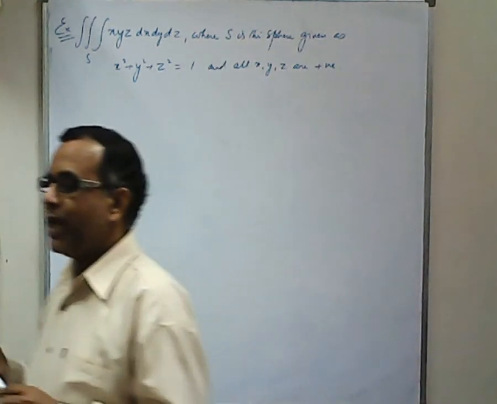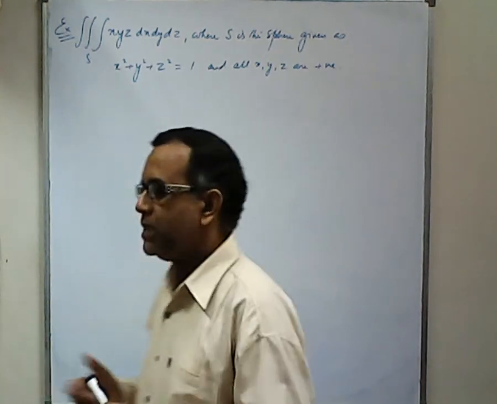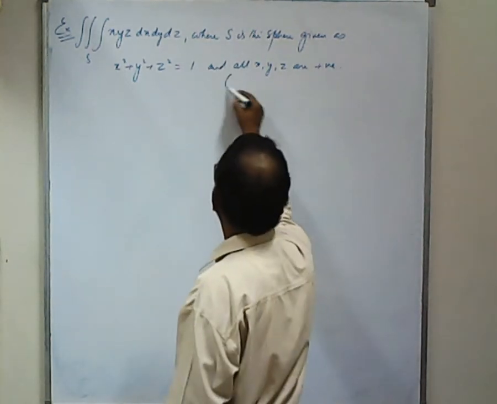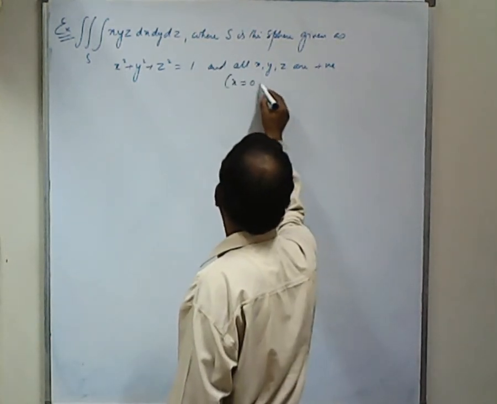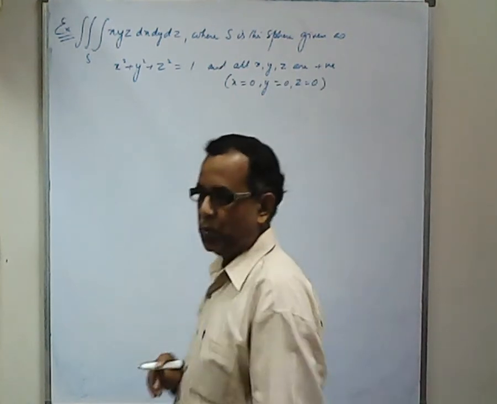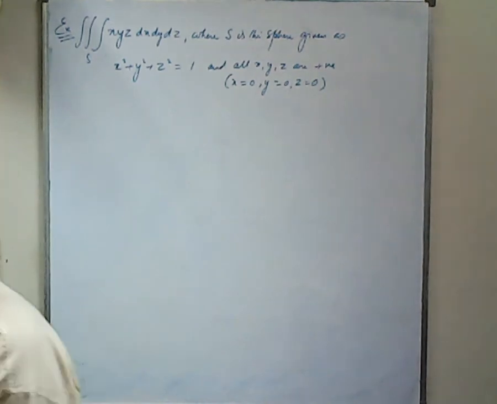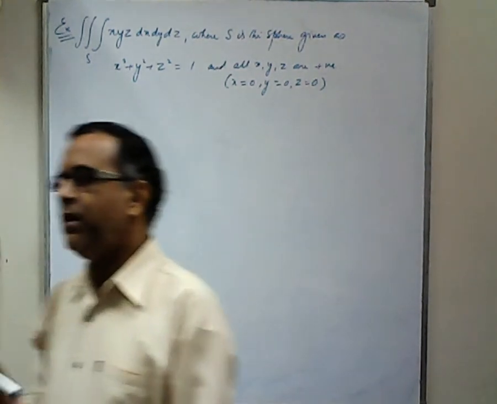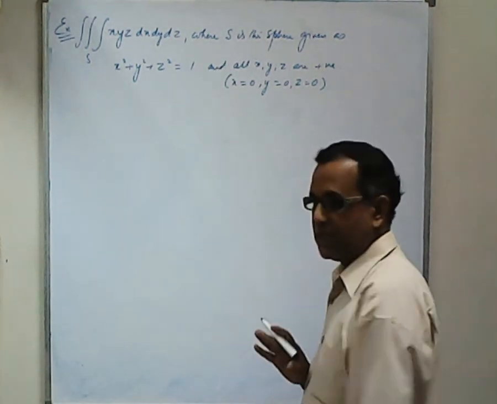So x is 0, y is 0 and z is 0; the lower limit is given in all three variables.